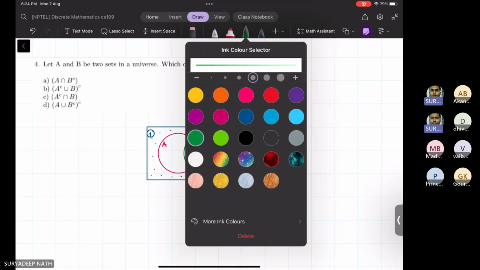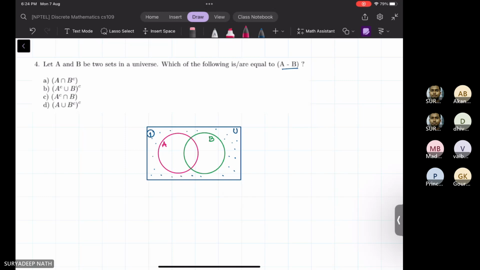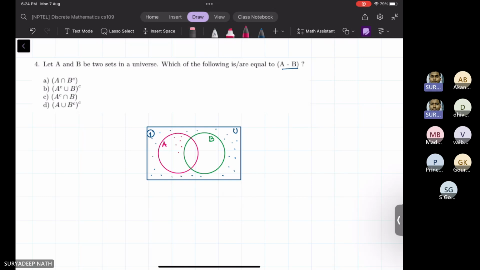Next comes the region that's within A but not overlapping with B. So this red region, we call this region 2.